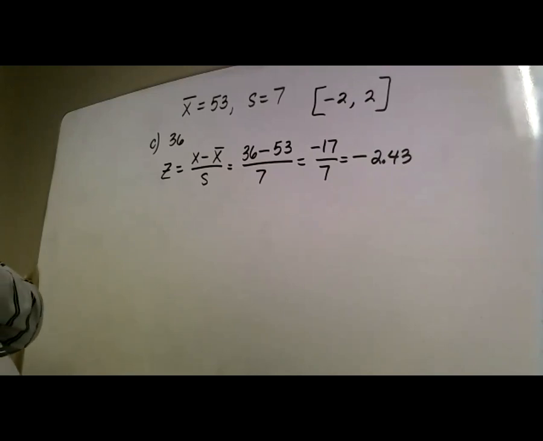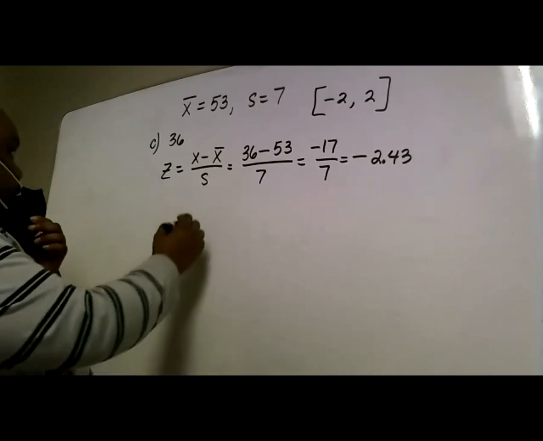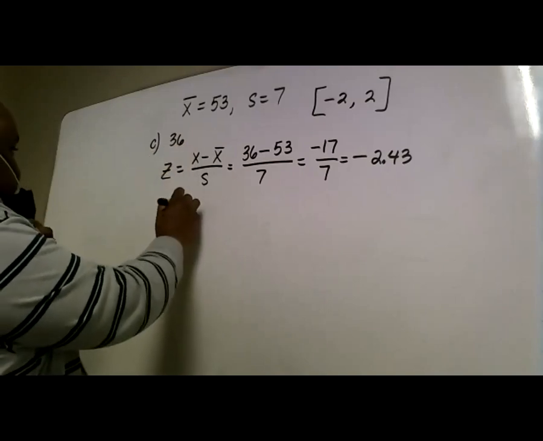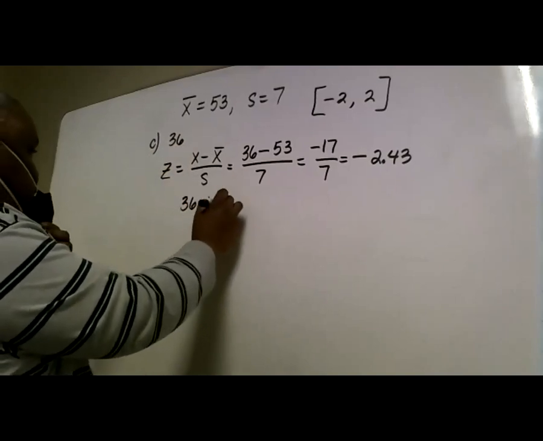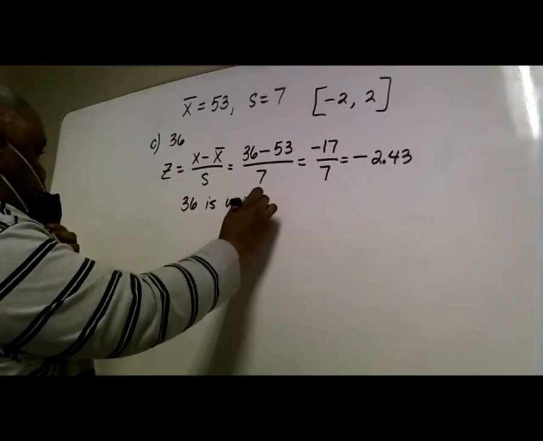It's unusual, because negative 2.43 is further to the left than negative 2. So the data value of 36 is unusual.